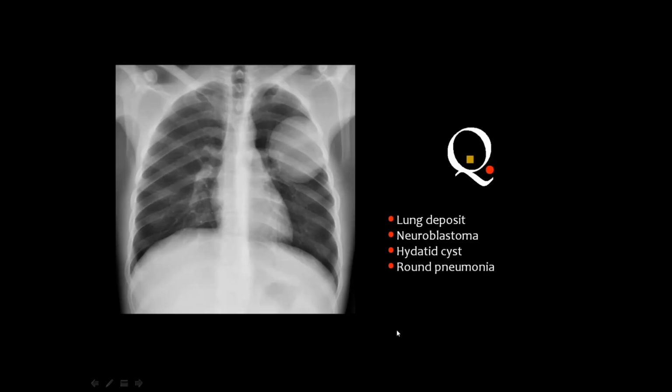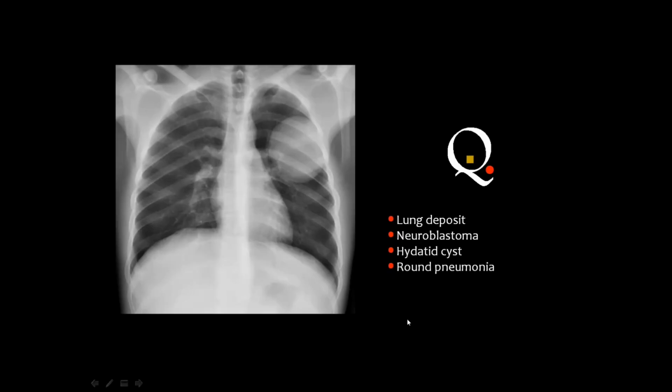Also, you should not diagnose metastatic deposits unless you have positive data of the presence of a primary malignancy, especially if the lesion is solitary. Then these should be looked for, especially from the clinical data. Whenever I did not provide you with clinical data that directs you to the diagnosis of round pneumonia, then you know that this is not round pneumonia.